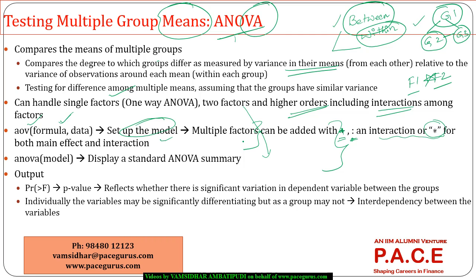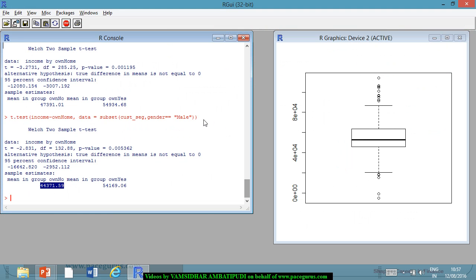So let me execute this ANOVA. Right? So we'll take two or more groups of data. So let me do the income across segments. So that's the reason we will call aov first of all, where I'll say income tilde segment.